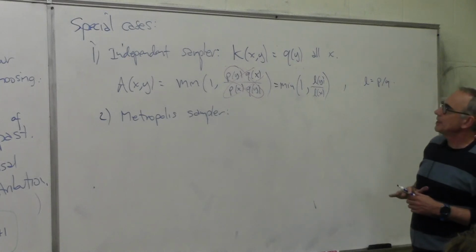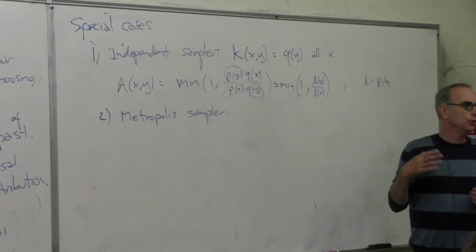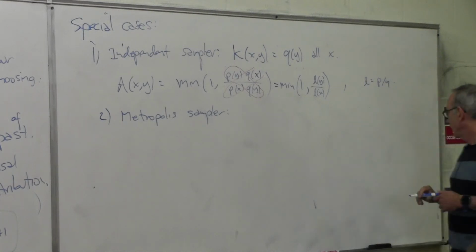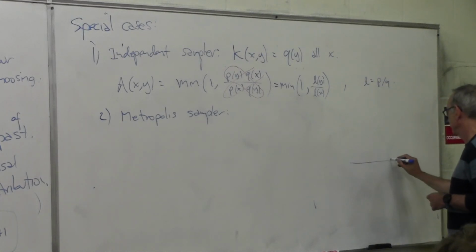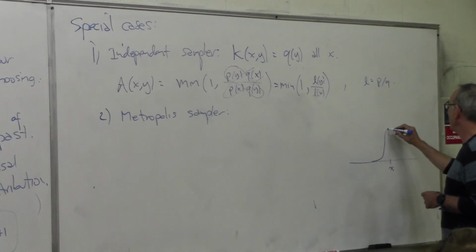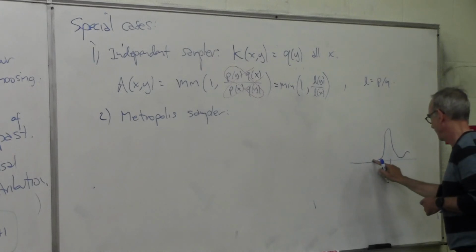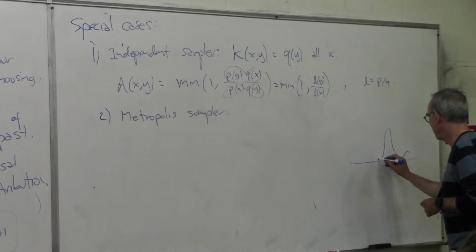But the Metropolis sampler is a little tweak on this. I'm not going to ignore the past anymore. Let me draw it like this. This is the most natural thing to do in the world. Actually, I'm going to make it a little funky just for fun.